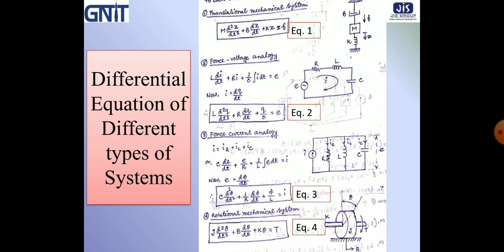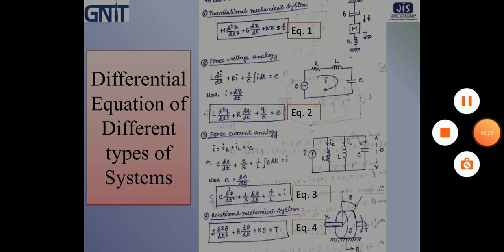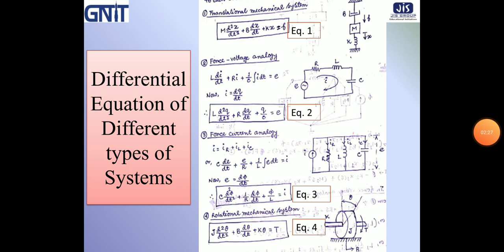There are three elements: spring, that is K, mass, that is M, and damper, that is B. We already discussed how we can calculate the force equation of a spring mass damper system.